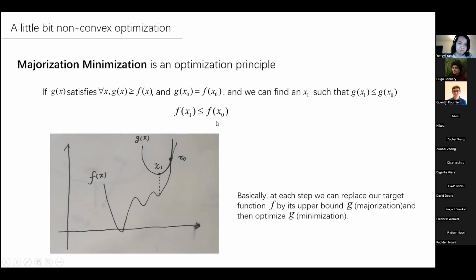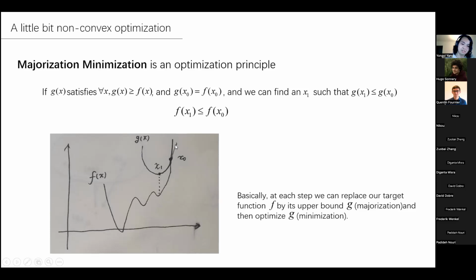So in this principle, at each step we can replace our target function f with the upper bound of it, and update the upper bound. The upper bound g can have whatever property we want. It can be smooth, it can be convex, and it can be very simple, which is easy to optimize.